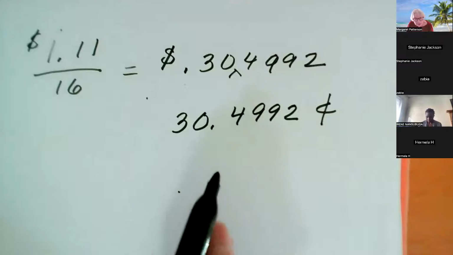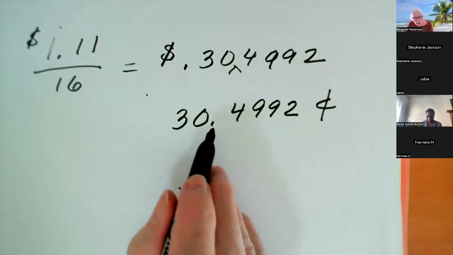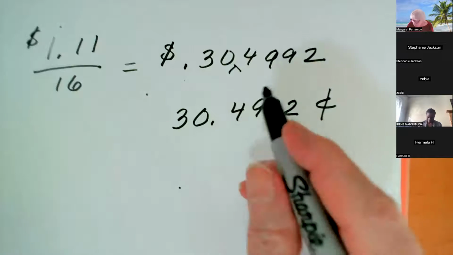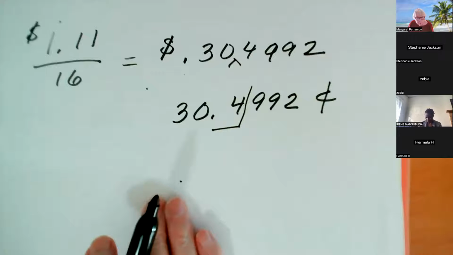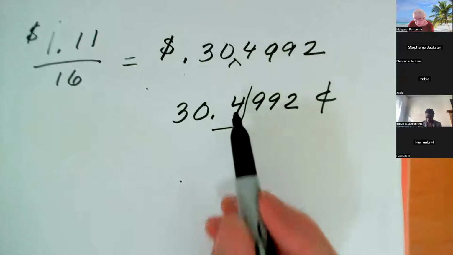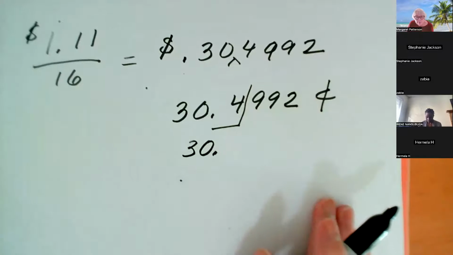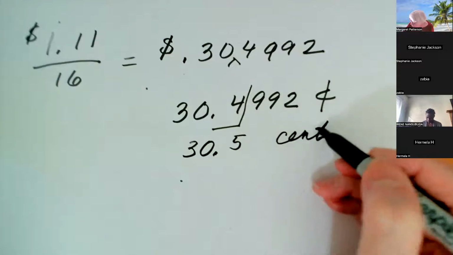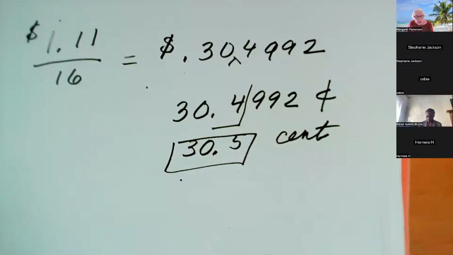Now that we have it in cents, the instructions were round it to the nearest tenth of a cent. So once it's in cents, we can do that, and that would be rounding there. What's the answer? 30 point what? 5. 5. And the cents were already, so you just have to put that number in.